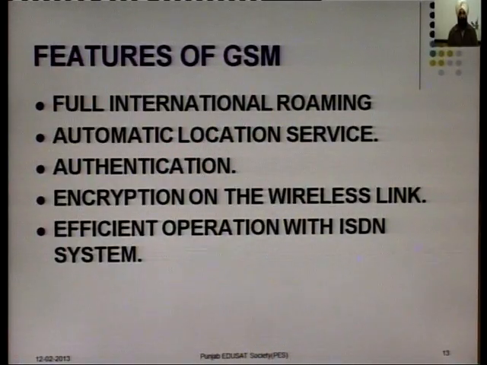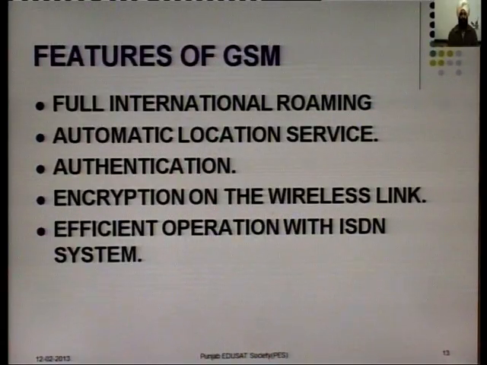Then there was full international roaming, that is one phone of any country can be used in any other country of the world. It has automatic location service, where the phone is, the phone can be traced by the MSCs of the respective places, and the whereabouts of the phones can be located automatically.